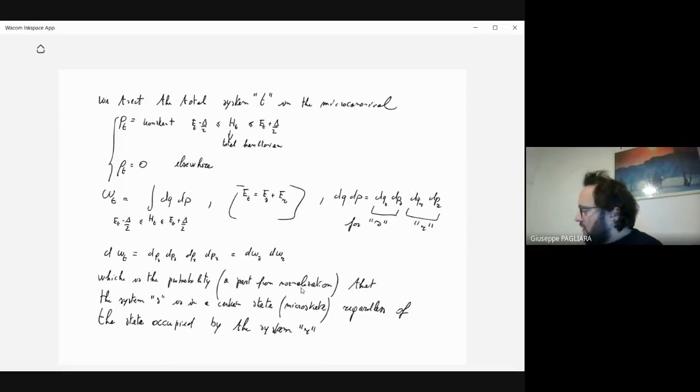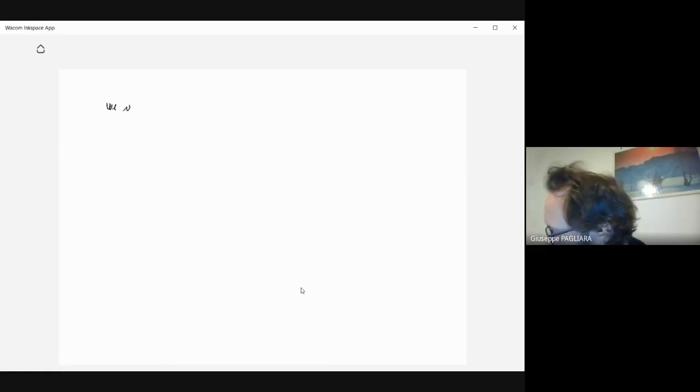Okay, so basically what we do is to neglect, well, actually to integrate, and let me write this, we integrate over the reservoir possible microstates.